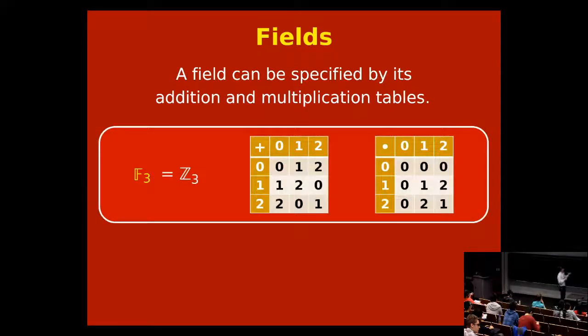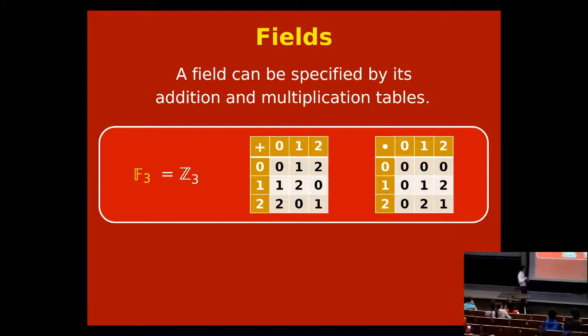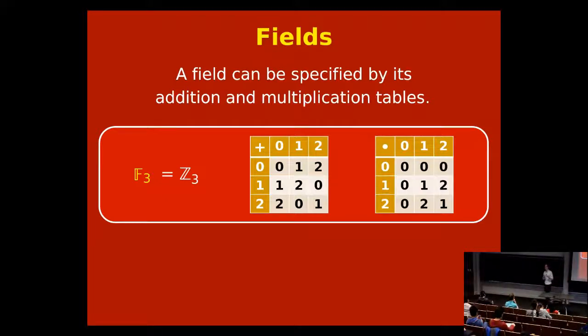And you can imagine just giving the addition and the multiplication by tables. So for example, here's the field. It's integers mod 3. And it's a notational convention that when you decide you're talking about fields, you use an F instead of a Z. So we're going to write F3 to remind ourselves that it's a field, but it's the same. It's the integers mod 3.